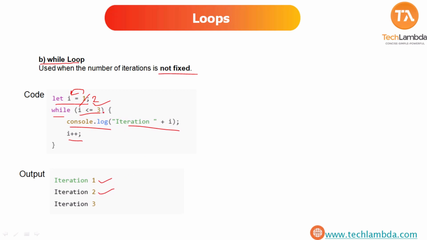Again it checks for the value 3 after the increment of i. So 3 is less than or equal to 3. Yes, it also holds, it is equal to 3. So it prints iteration 3, right?